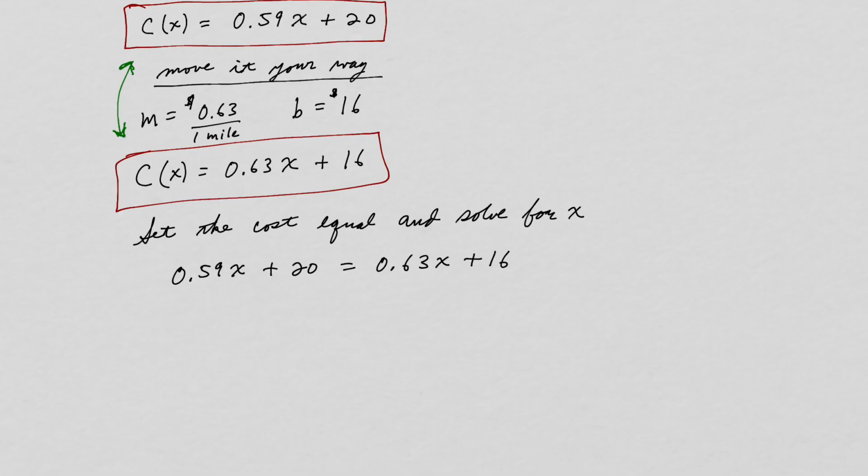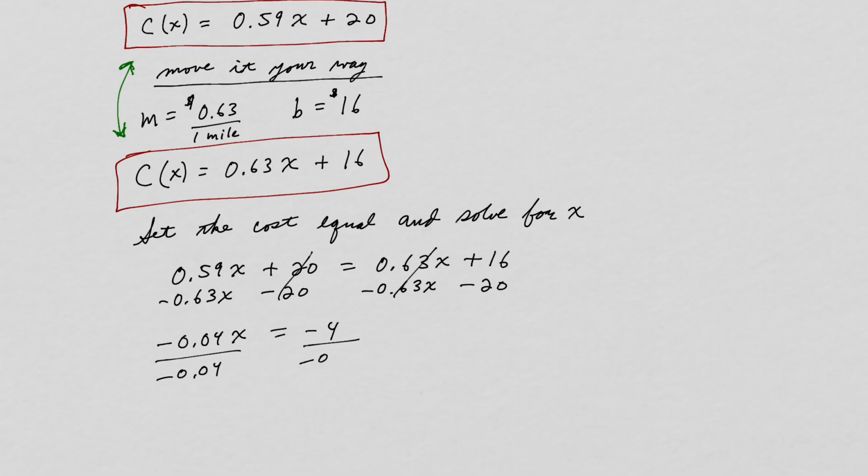So I'm just going to subtract 0.63x from both sides. And then I'll get rid of the 20 by subtracting 20 from both sides. So I'm going to have negative 0.04x, right? These cancel. And on this side, these cancel, and I have 16 minus 20, which is negative 4. And then finally, if I divide by negative 0.04, I'm going to have x is equal to 100.